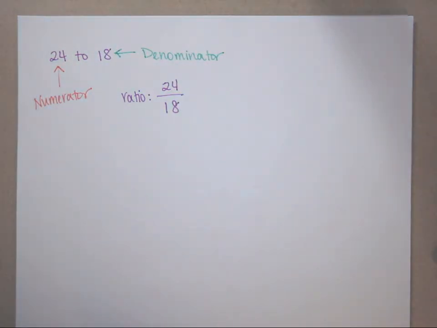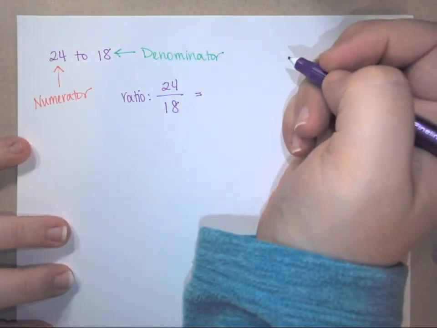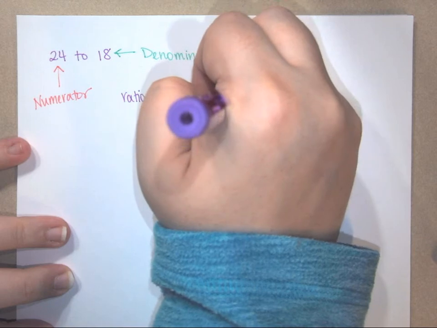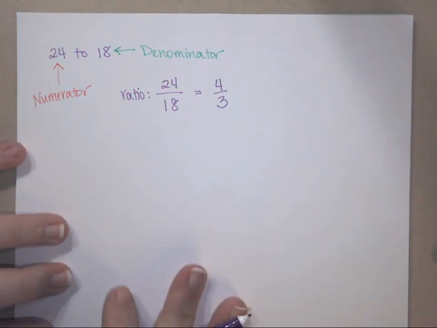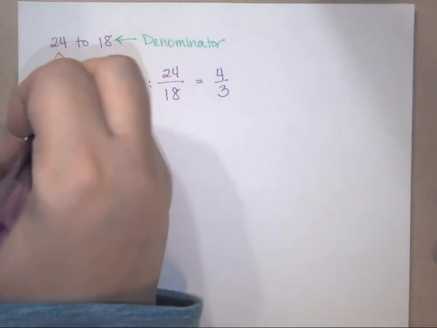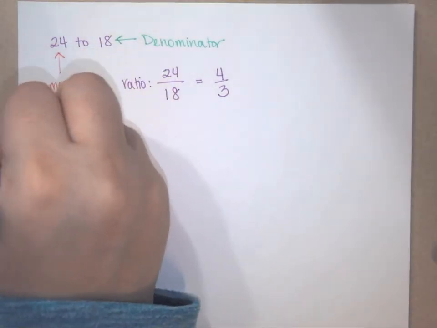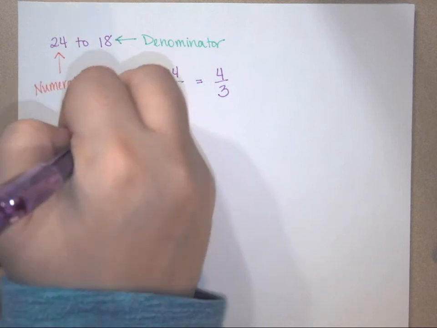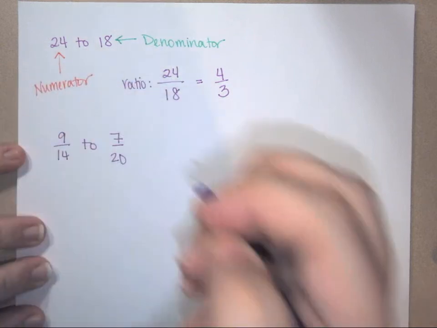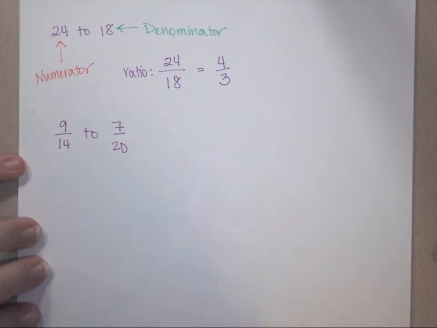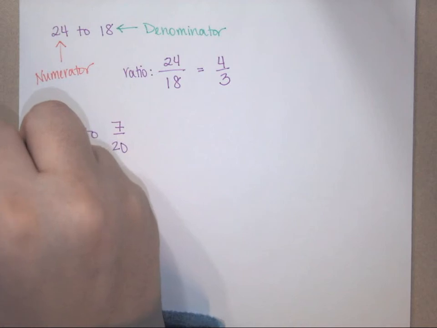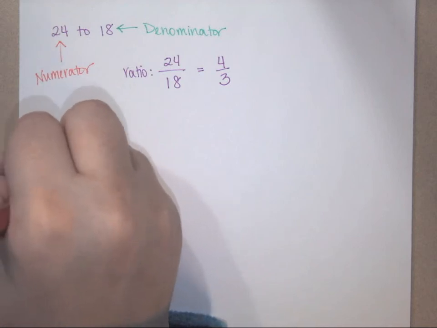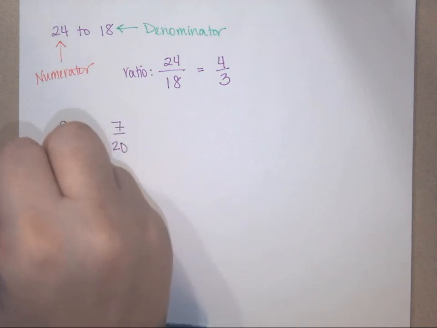But like with everything, once you write your ratio, you then must reduce. So in this case, my ratio would reduce down to 4/3. If we look at it again, I can do it with fractions. What if I had 9/14 to 7/20? It's going to be the exact same thing, where this first fraction is your numerator. Remember, numerator is the top.